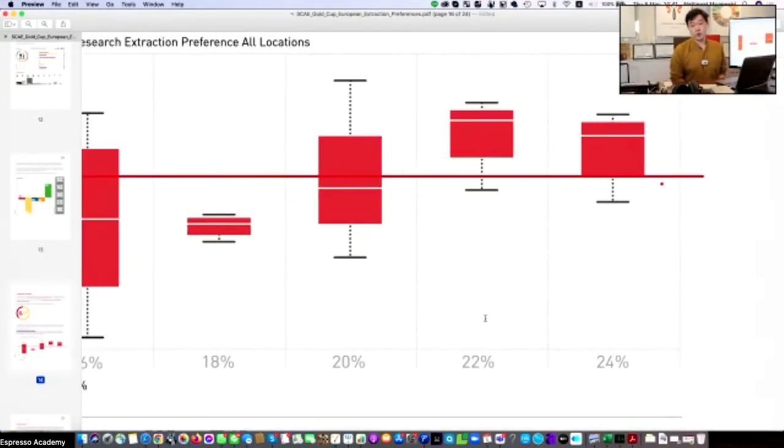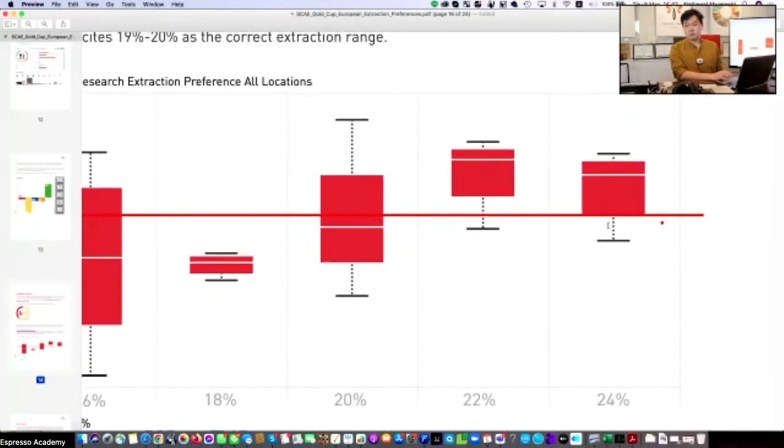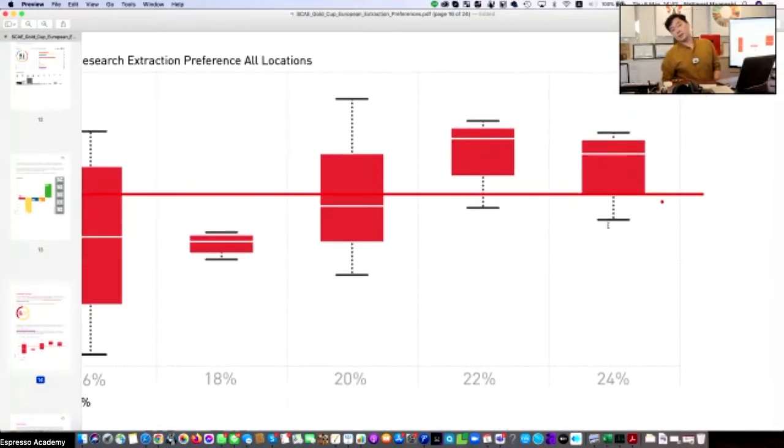But if you do 22% extraction, people seem to be okay, generally, based on the data that you collect. People seem to be okay from Europe. And at 24% extraction, like right here, the majority of people are still okay.